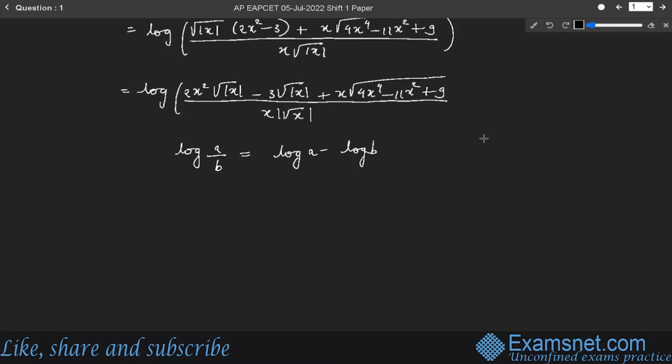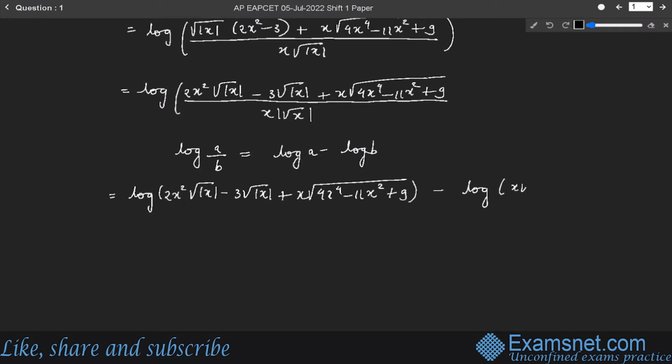So applying the property here, the next step becomes log of 2x square into under root of modulus x minus 3 into under root of modulus x plus x into under root of 4x power 4 minus 11x square plus 9, minus log of x into under root of modulus x. Here this part is log a and this part is log b. We have just applied the formula here.